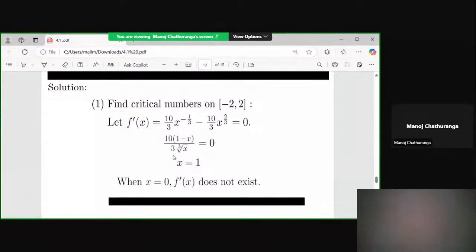Okay, so find critical numbers on the interval -2 to 2 for this graph.